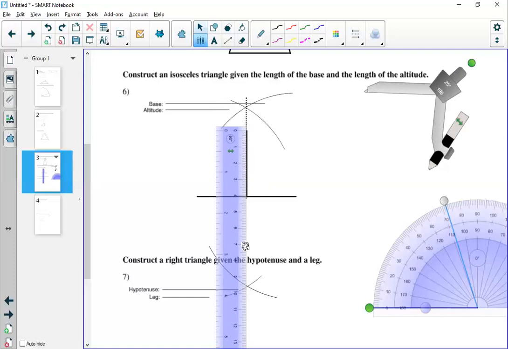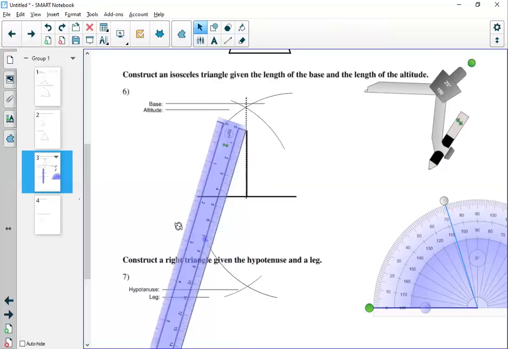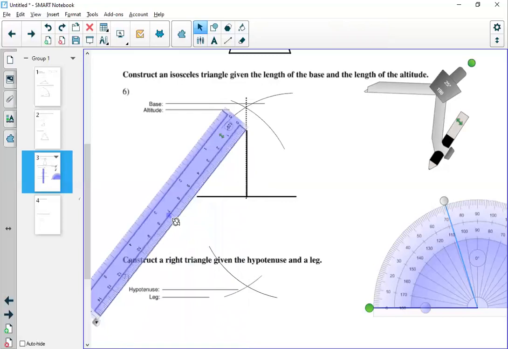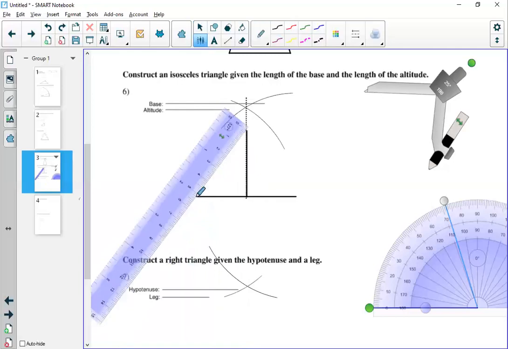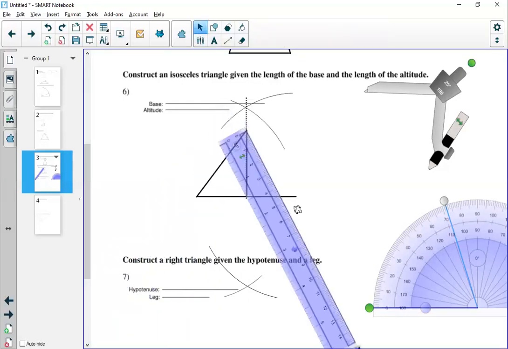So finally, I rotate my ruler to this end and draw a straight line to connect those 2 points. Beautiful. Then do the same thing to the other end, the right side of the straight line of the base.